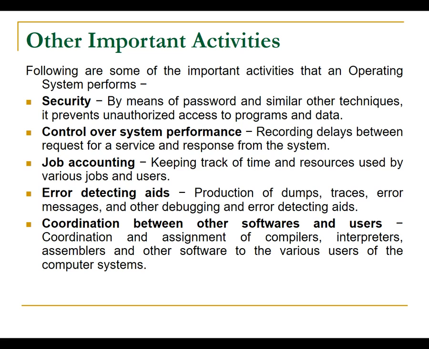That entire thing is handled by one of the components of the operating system, which is called error detection code. In short, don't get confused about all these components. Error detection code will show a proper error message onto the screen so that the user comes to know that something is going wrong in the operating system.